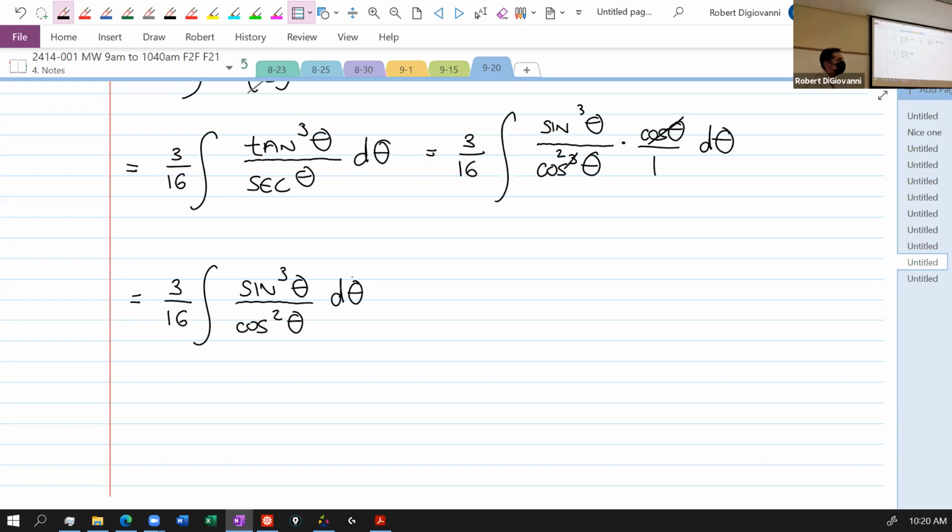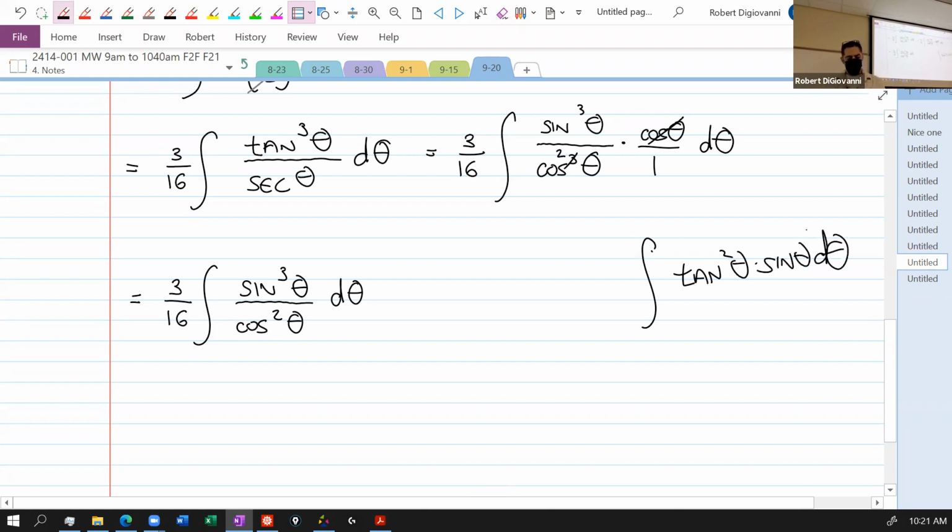Anybody see it? Anyone see what we can do here? Take a tangent out, like do sine squared over cosine squared, and that would be a tangent squared, and then that would leave us with a sine, wouldn't it? So tangent squared theta times sine theta d theta.